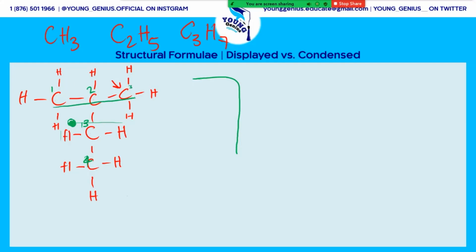Now, if you consider the chain going this way, it's 1, 2, 3, 4. So this is your longest chain. Carbon chains can go down. Chains aren't always straight.